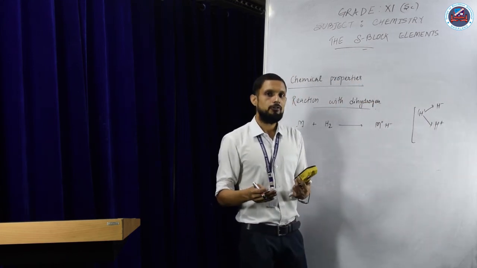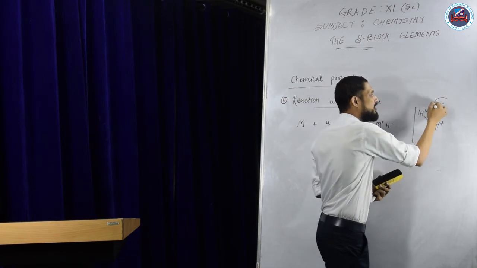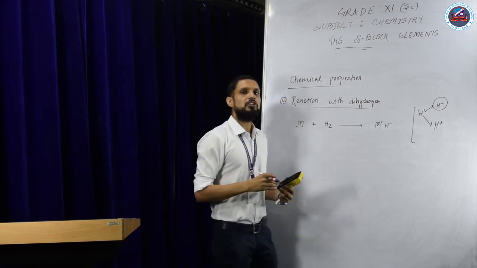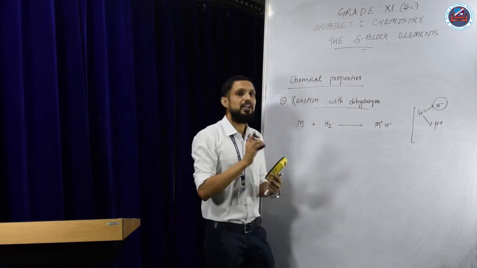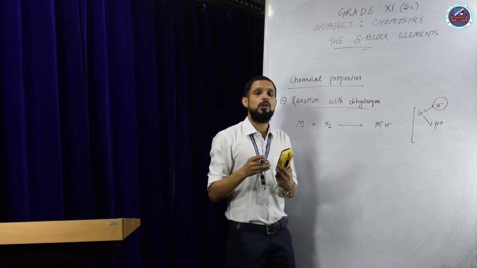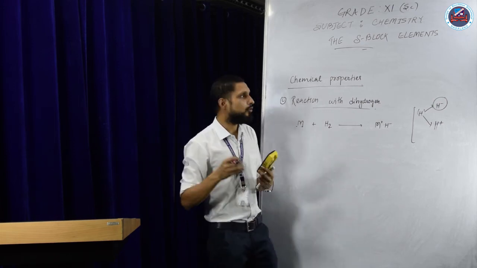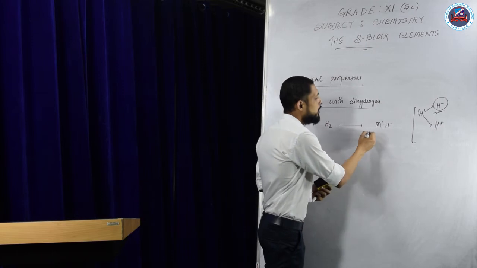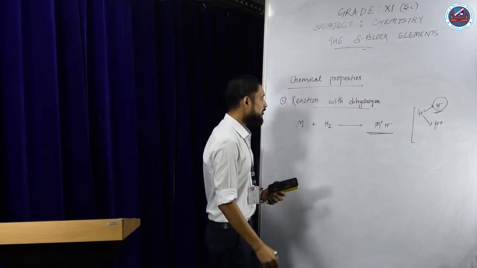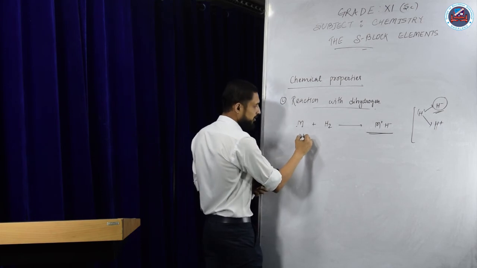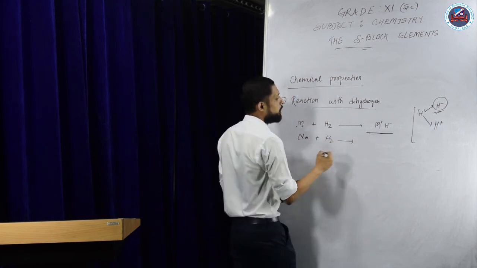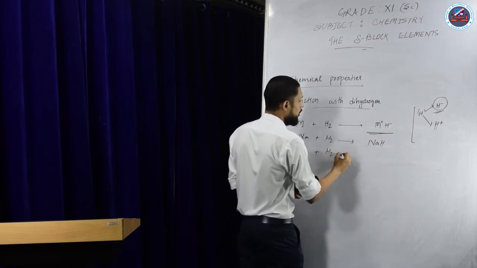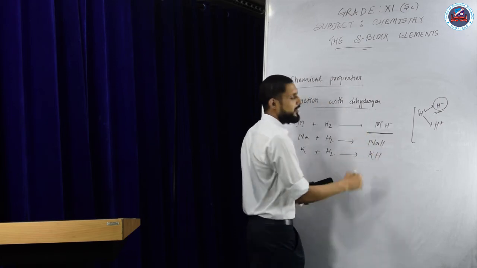A compound where hydrogen is used as H negative is known as a hydride. That means in the alkali metal reaction with dihydrogen, the alkali metal will be electropositive and the hydrogen will be electronegative. So the hydrogen will be in the form H negative. That's why it's known as metal hydride. For example, if sodium reacts with dihydrogen, it forms NaH, that is sodium hydride. If potassium reacts with dihydrogen, it forms potassium hydride, that is KH.